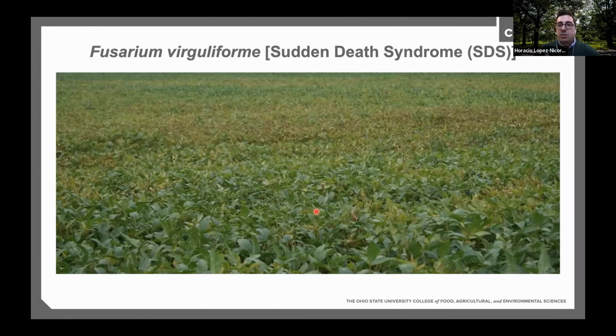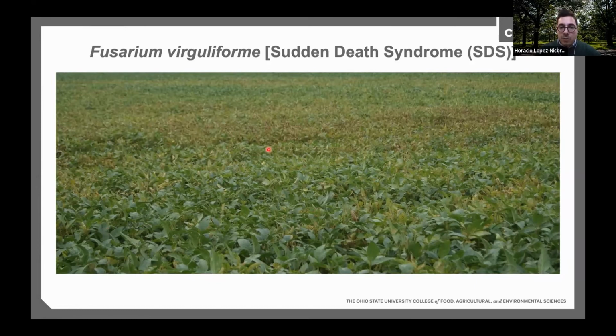It's always a mixture, and it will really depend on how we transition through the season and the environmental conditions for one of these to take over and actually cause a lot of problems. So we need to be aware that we can encounter several pathogens in the same field.